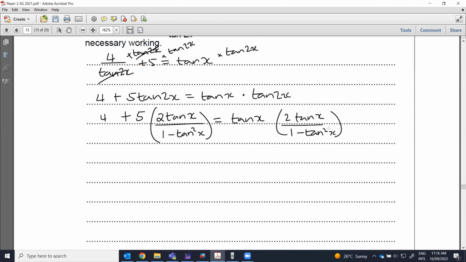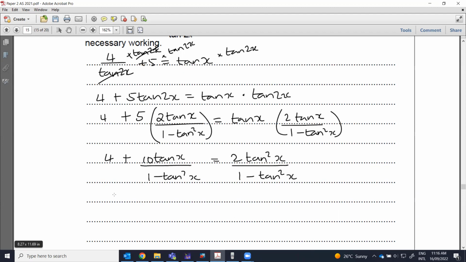Okay, so here, what we then do is we can multiply out the brackets and then get rid of the denominators. So I have 4 plus 10 tan x over 1 minus tan squared of x. This is 2, so if I multiply the tan x and tan x, I get tan squared of x, over 1 minus tan squared of x. So I can take this one to that side because they have the same denominator.